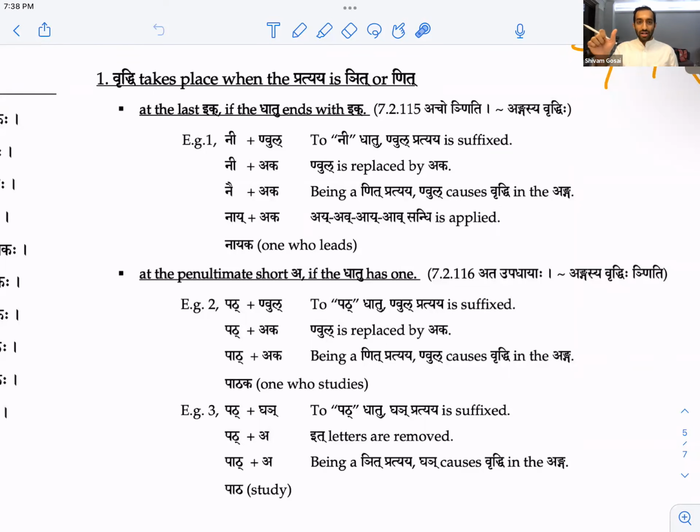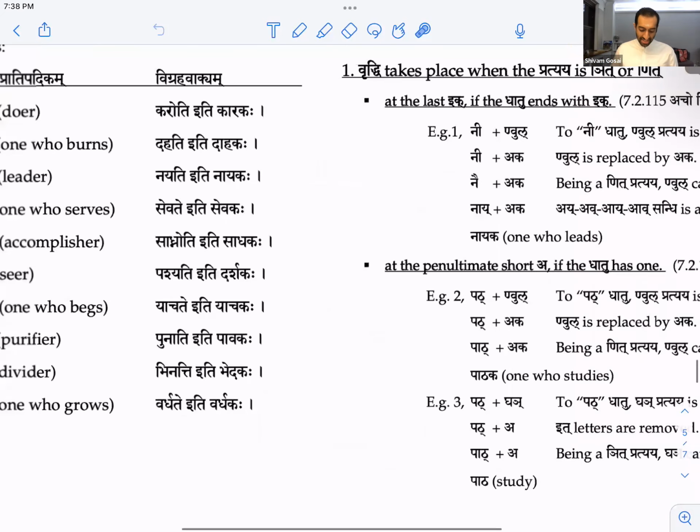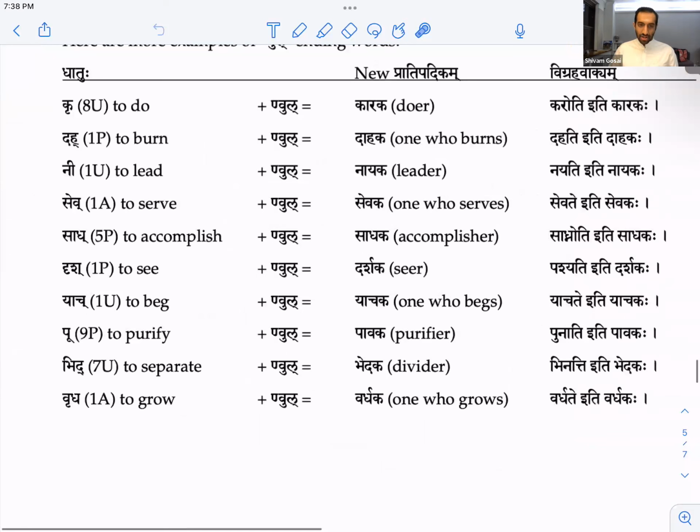So pat becomes pat with vriddhi, then I add akka, so pataka. It's the same with the dhatu dah: we have a penultimate akara, it becomes dah, and then dahaka.